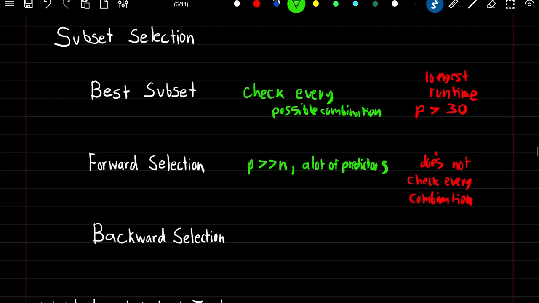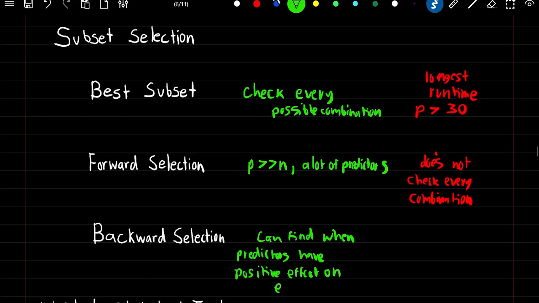Now, backward selection can find when predictors have a positive effect on each other because it's working backwards. But just like forward selection, it doesn't check every possible combination, so it might not arrive at the best model.